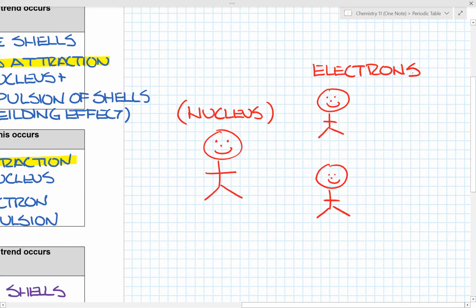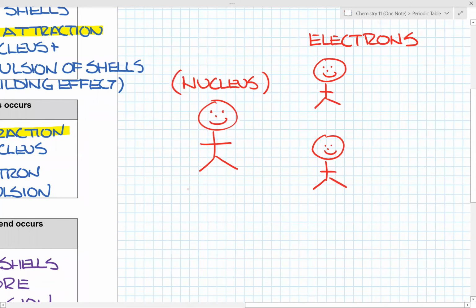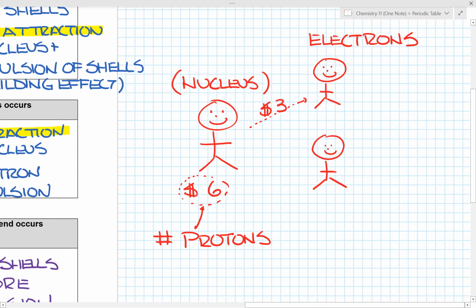Now, let's say the nucleus is like the parent, and the parent only has $6. The $6 represents the number of protons. So right now, for a neutral atom, you have $3 going to one child, $3 going to another child.